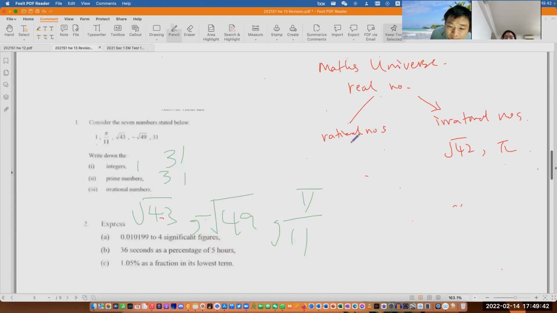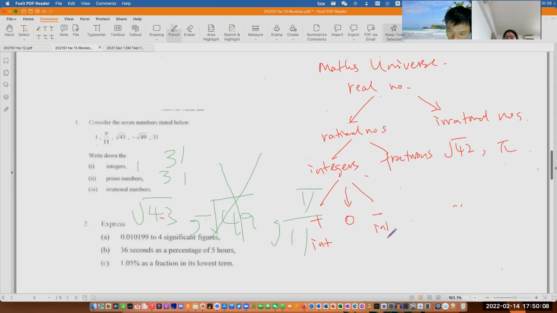Then rational numbers you can break down further into integers and fractions. Integers you can break down into positive integers, then 0, and then negative integers.